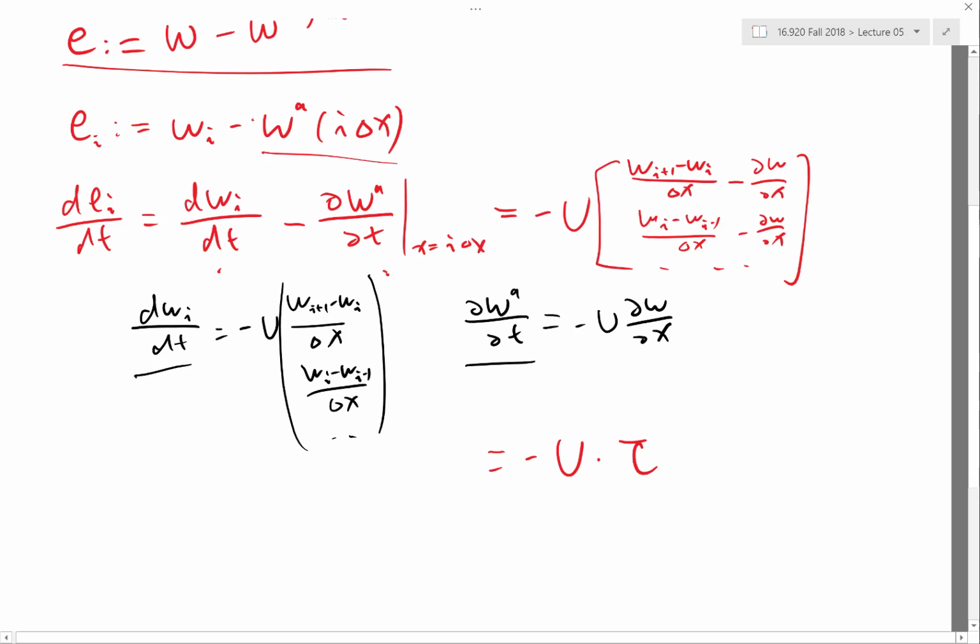Here I made a classical mistake in the analysis of how the error evolves. I was looking at the difference between a numerical differential operator and an analytical differential operator on two different functions. The numerical differential operator is on W, the numerical solution, while the analytical derivative is on the analytical solution.